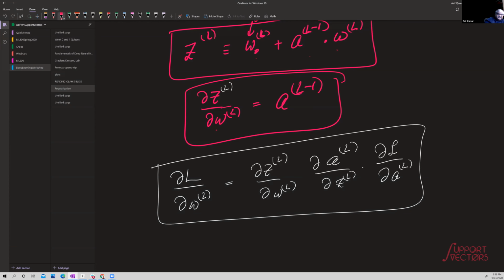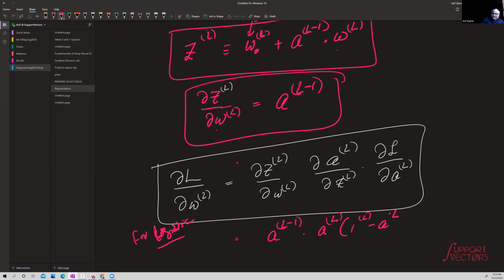So for example, you found that this is equal to AL times (1 minus AL). If you take sigmoid, it is AL times (1 minus AL). I'm just taking the sigmoid for logistic.